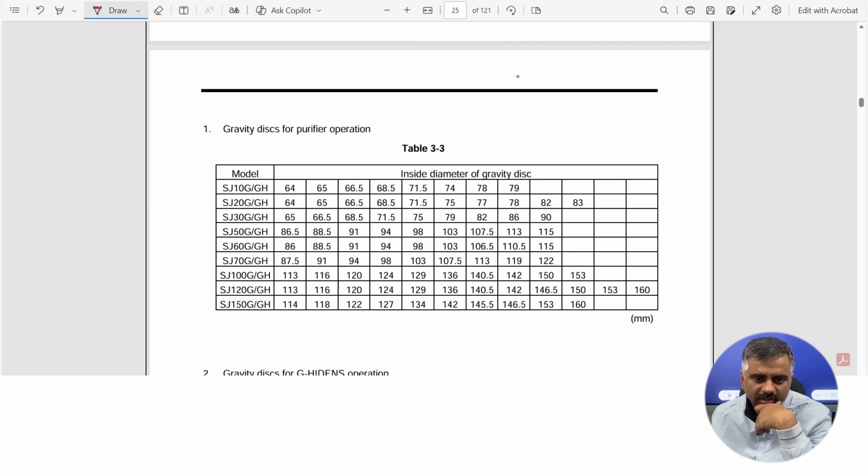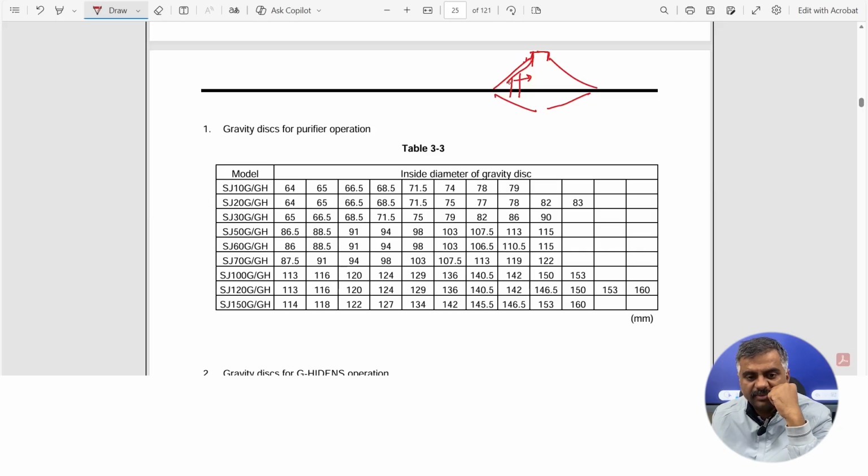This is the bowl, and if we use a smaller gravity disk, the oil interface which was about to be made in this section is shifting inwards.